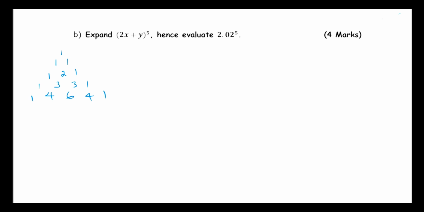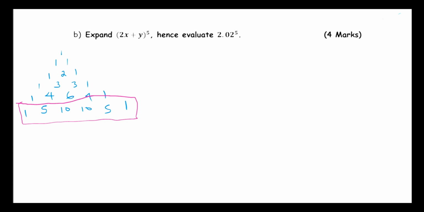Then 1 plus 4 is 5, 4 plus 6 is 10, 6 plus 4 is 10, 4 plus 1 is 5. Then we add 1 and 1. So we have 1, 5, 10, 10, 5, and 1. So this one here is the row that we're going to use in our expansion.